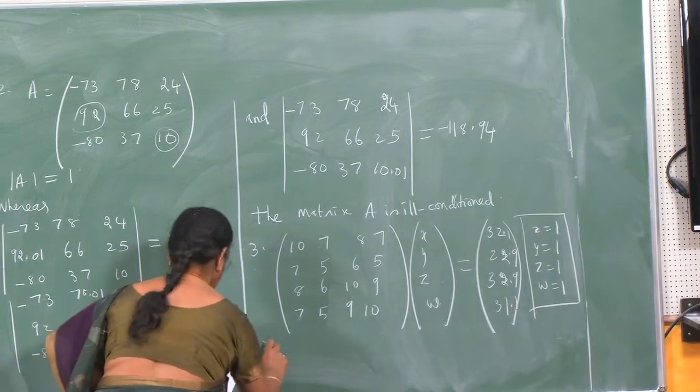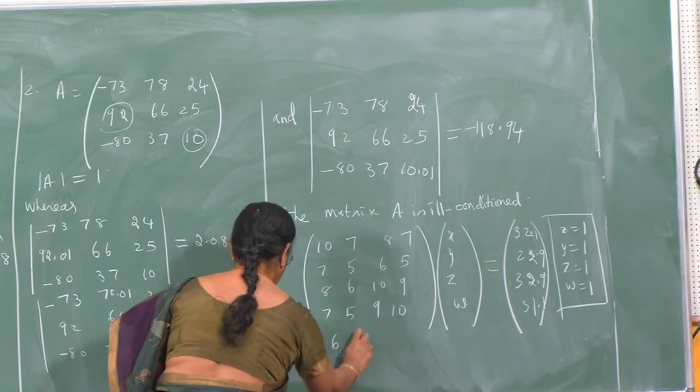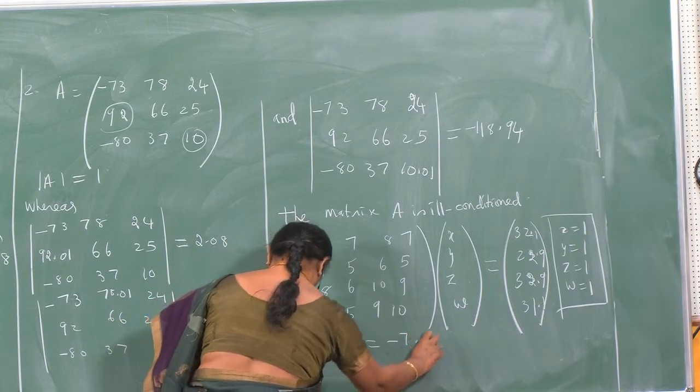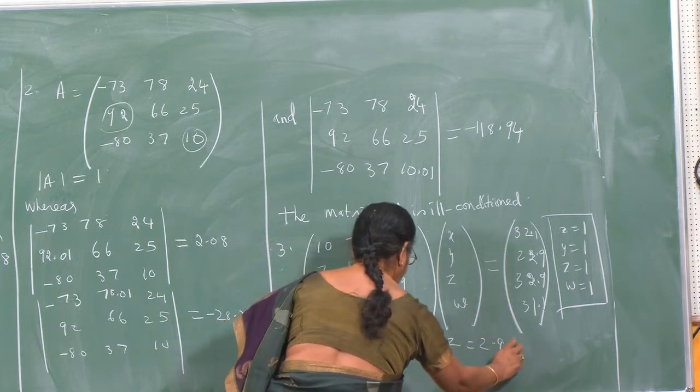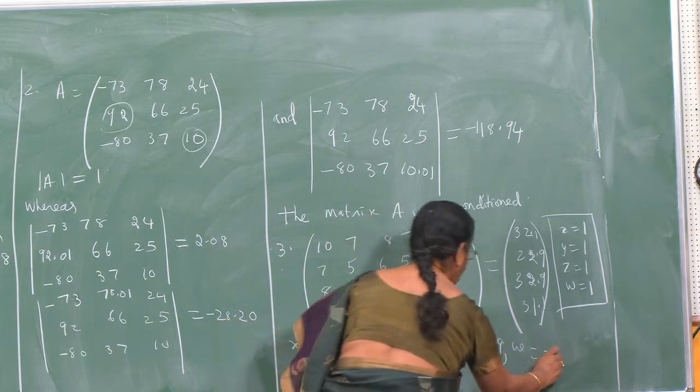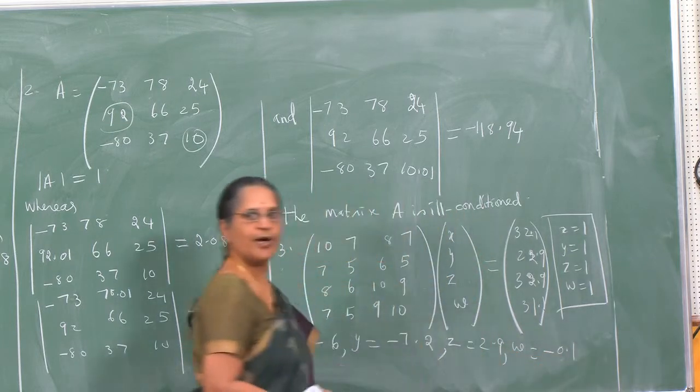you will see that x turns out to be 6, y is minus 7.2, z is 2.9 and w turns out to be minus 0.1.